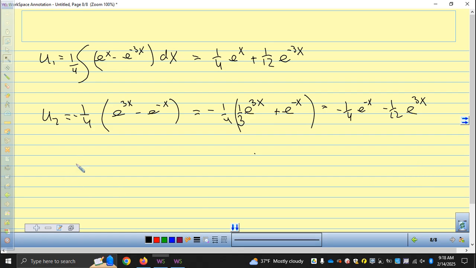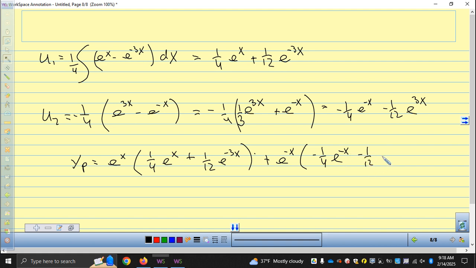So y sub p equals y sub 1 times e to the x plus e to the minus x times minus 1/4 e to the minus x minus 1/12 e to the 3x.